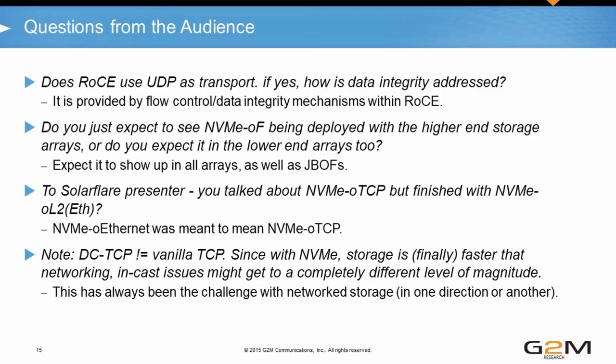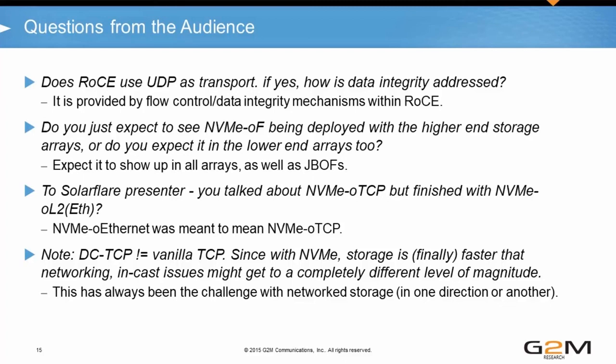Thank you. That's correct. And then the second part of the question was notes, DC data center, I assume that means equals TCP. That's not vanilla TCP, since with NVMe storage is finally faster, the networking and cast issues might get to a completely different level of magnitude. You want to hit that one, Howard? I'm not completely sure what he means by NVMe storage is finally faster than networking.